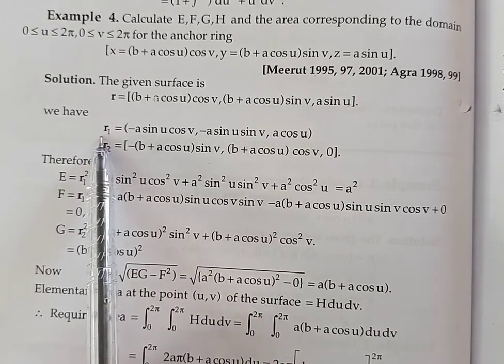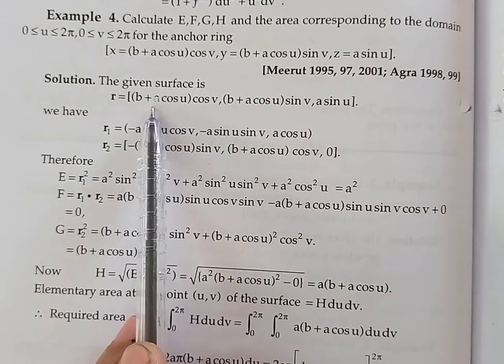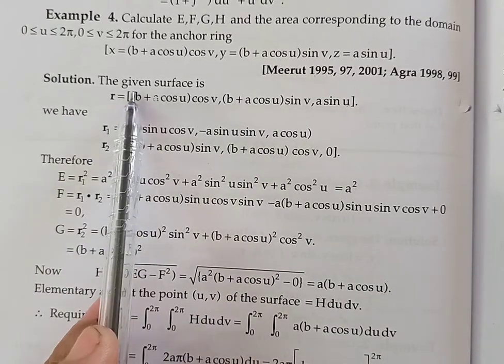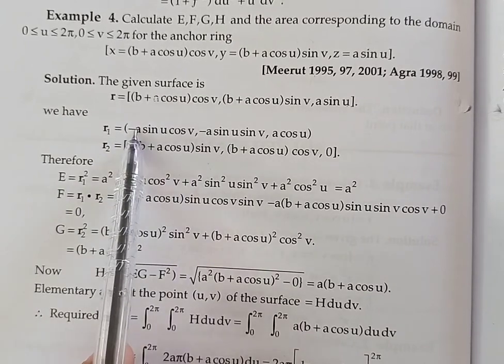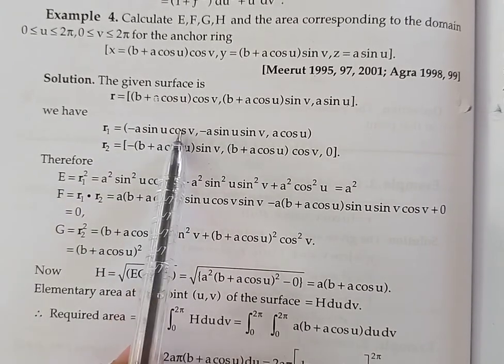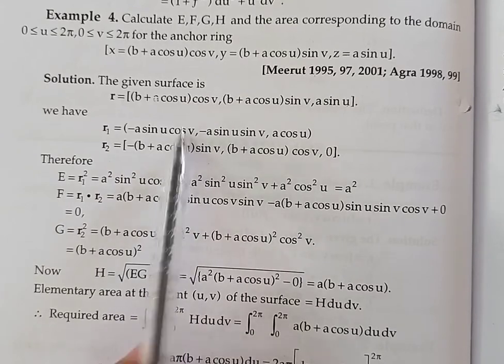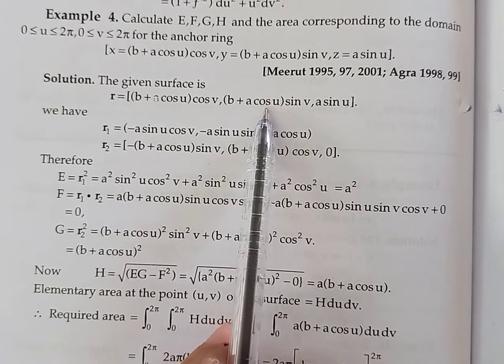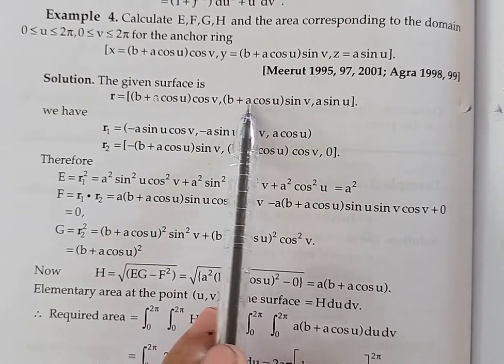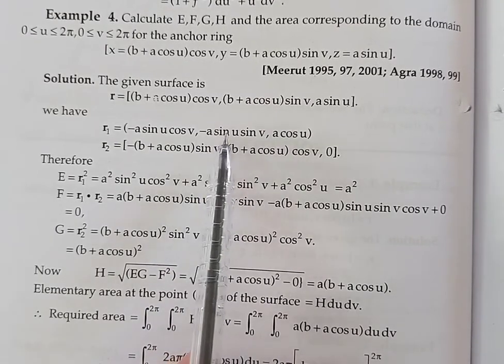Now let us again find the tangential vectors, vector r1 and vector r2. Vector r1 means the partial derivative of this vector with respect to u. Derivative of b is 0. The derivative of a cos u will be minus a sin u. Cos v is constant, that will remain as it is. The derivative of a cos u in this term will be minus a sin u.